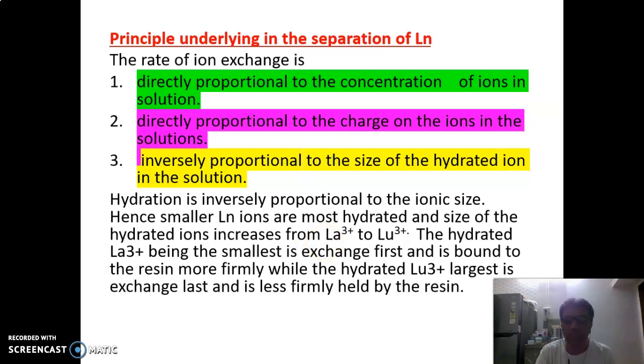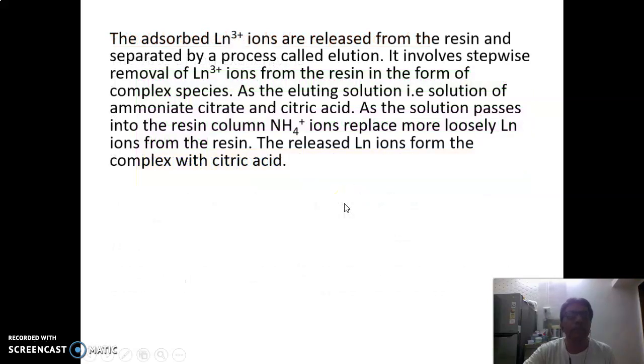Now let us continue the topic to discuss the ion exchange method in detail. When we add the equimolar solution of the lanthanon ions in the resin column, the lanthanon ions are adsorbed one by one on the resin column, as we have shown in the previous diagram.